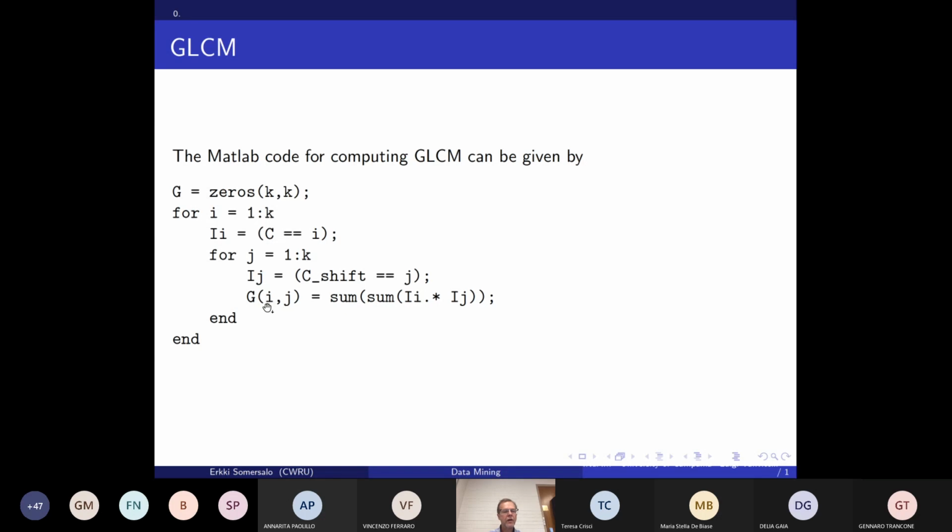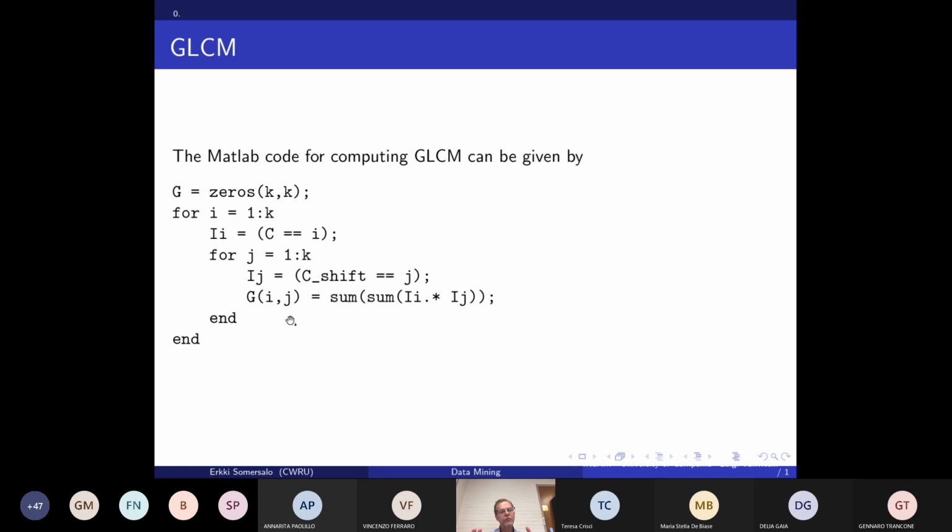So this is giving me how many times I had the coincidence of i and j. And so this simple code gives you the non-normalized gray level co-occurrence matrix, and then you normalize by the sum, and that's the end of the story.